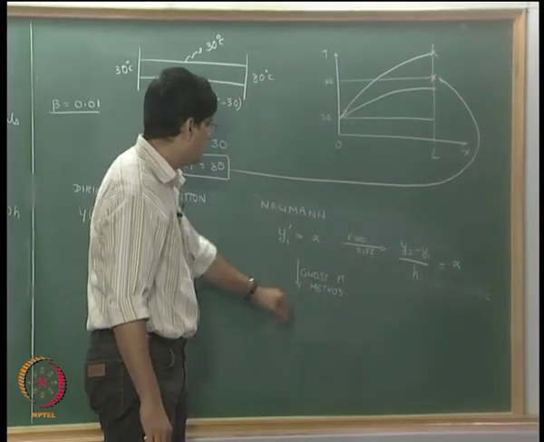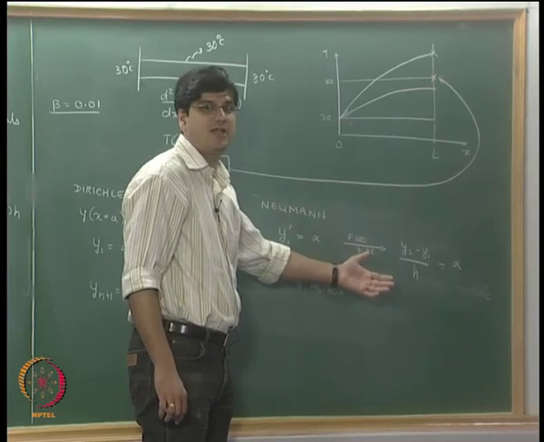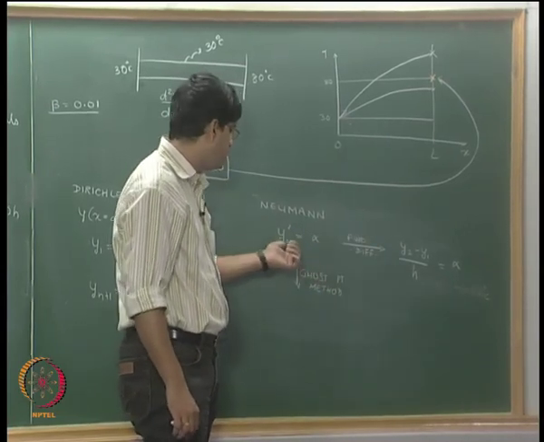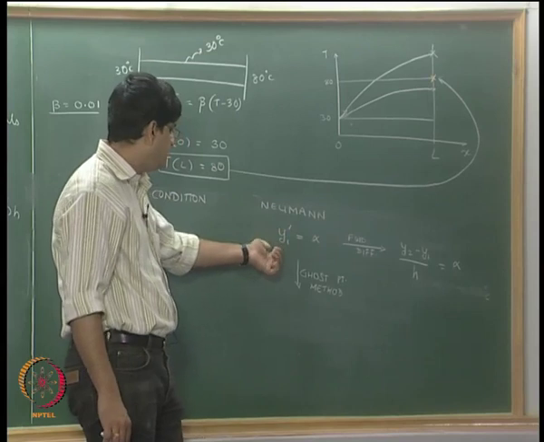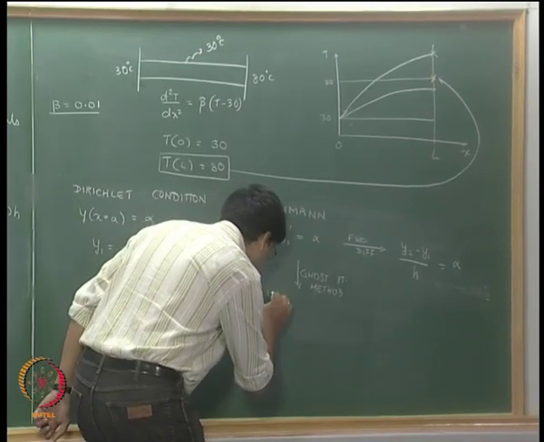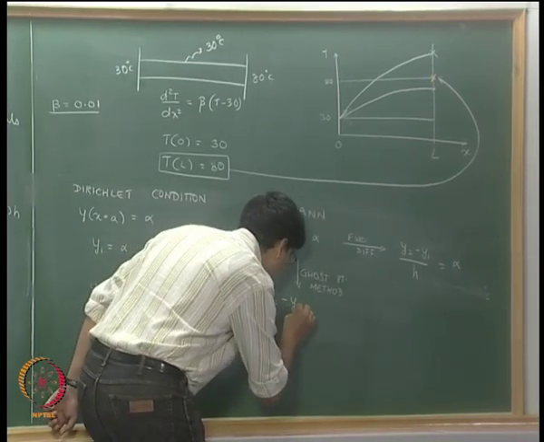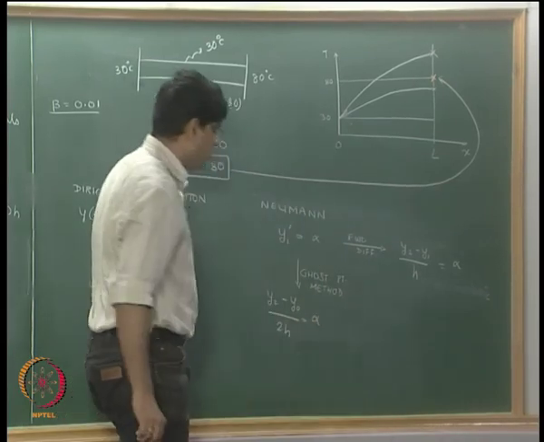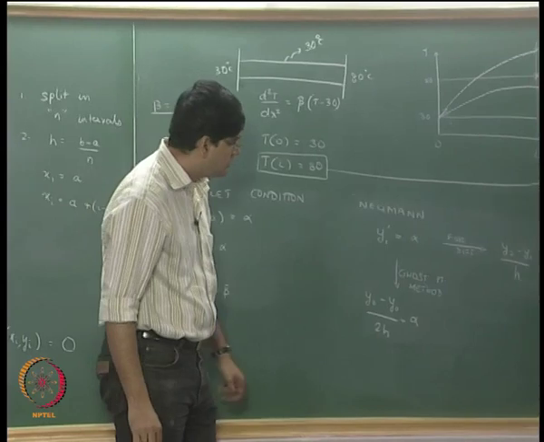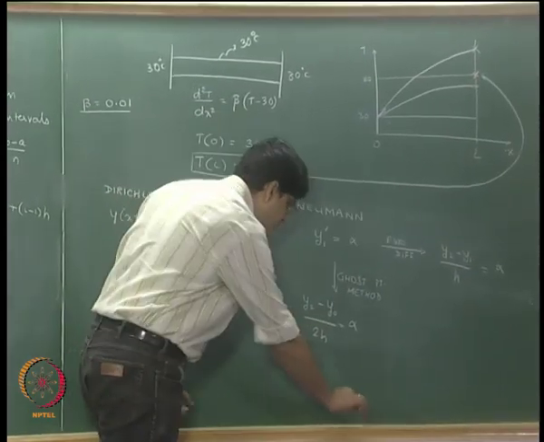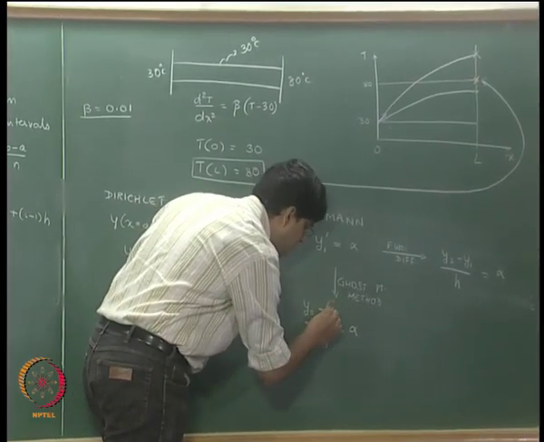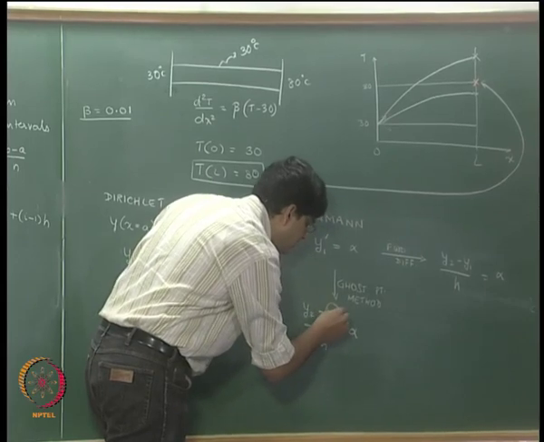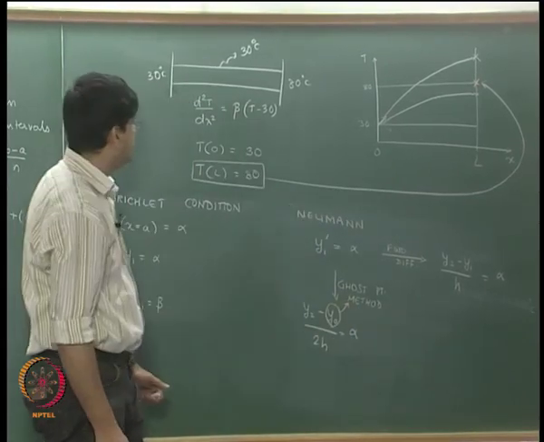So, instead we will have to use an h square accurate formula, and that is going to be basically y2 minus y0 divided by 2h is equal to alpha. Now, the problem is that this particular point y0 is a ghost point. This point does not really exist.